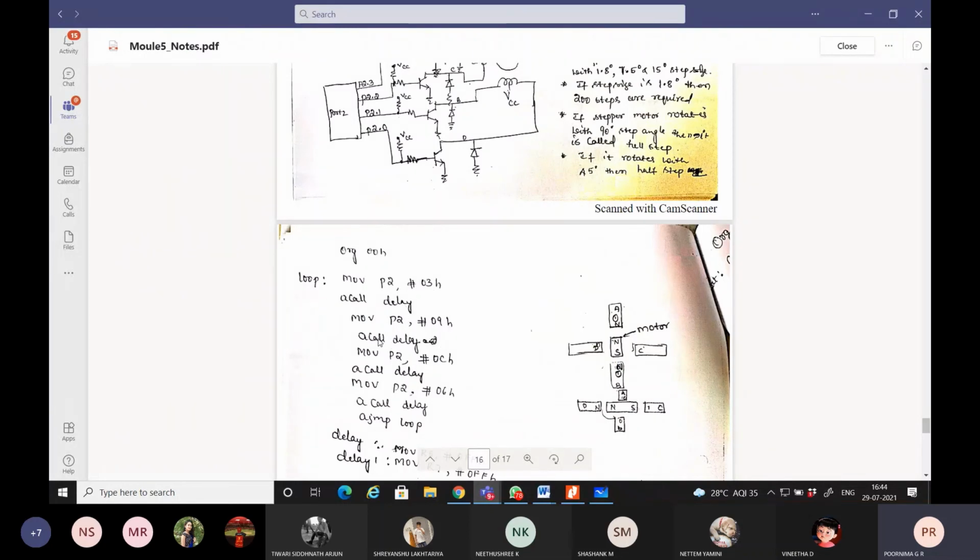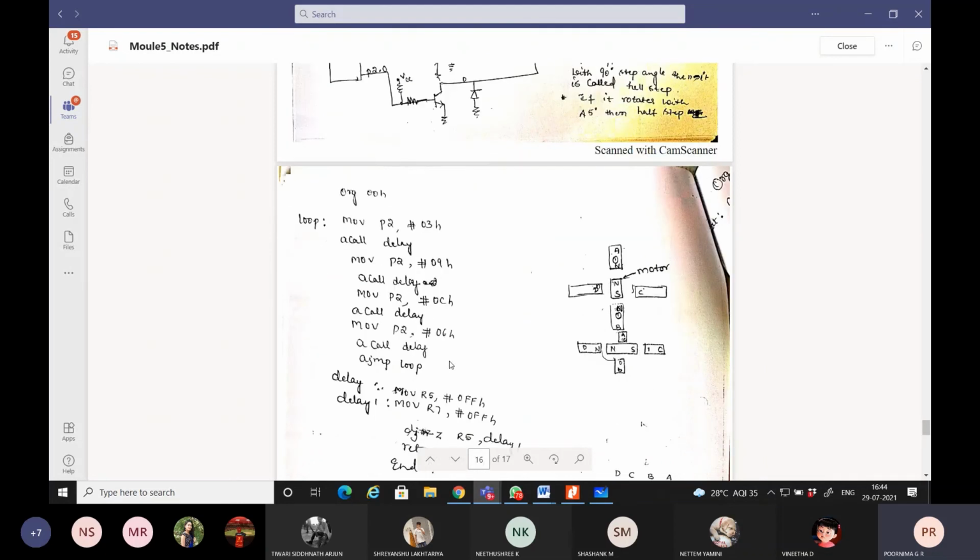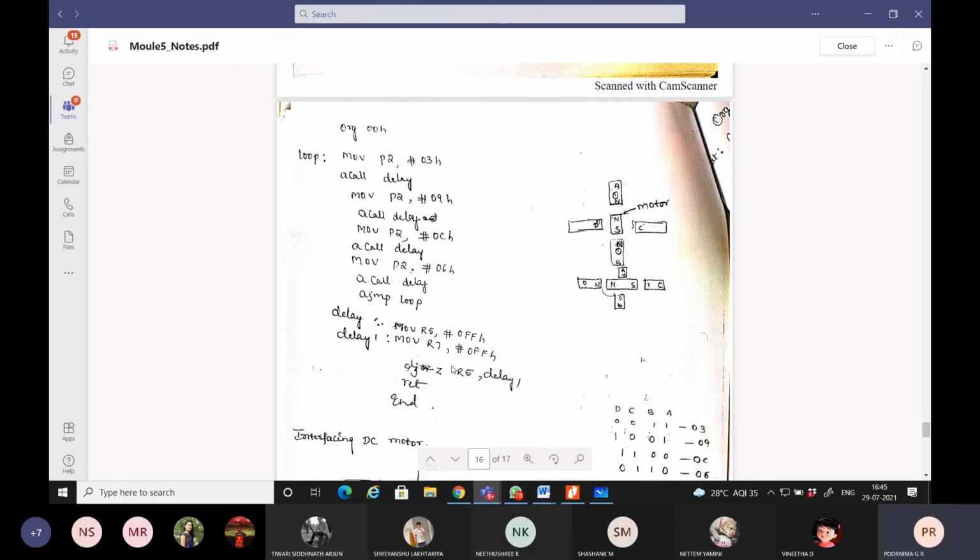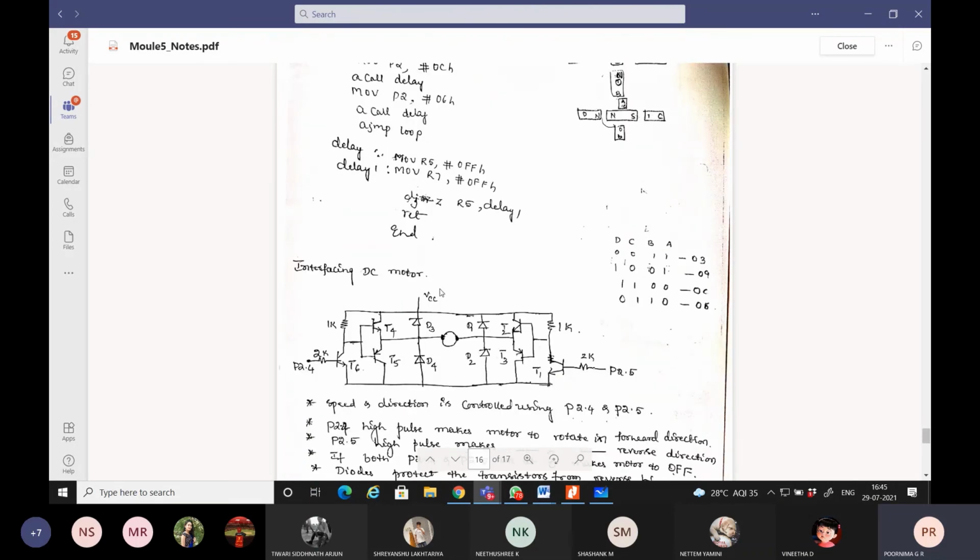Next, send the energizing code 09, call the delay, then energize the stepper motor with 0C, so that the coils get energized and the stepper motor moves from the earlier position to the next position, and so on. A small delay also needs to be provided.